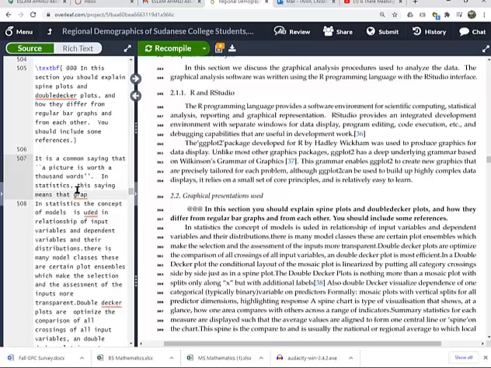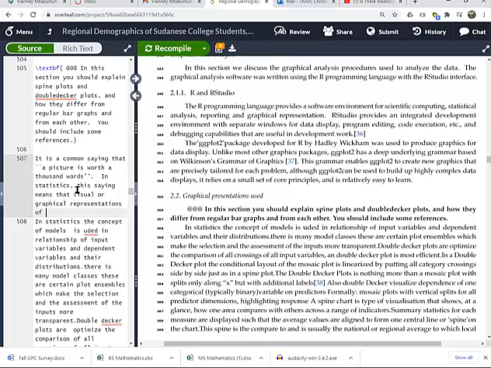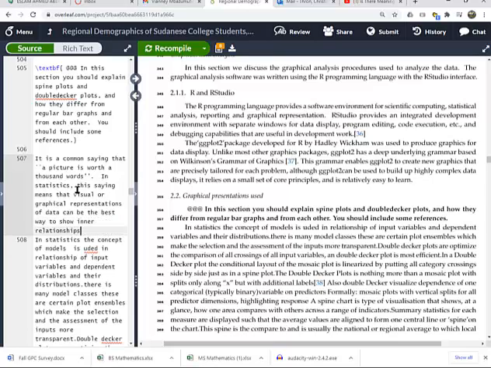graphical representations, visual or graphical representations of data can be the best way to show relationships, interrelationships between the quantities.